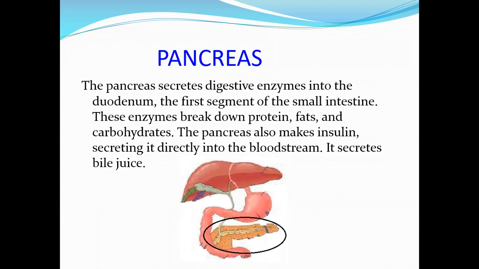These enzymes break down protein, fats, and carbohydrates. The pancreas also makes insulin, secreting it directly into the bloodstream. The pancreas regulates the sugar.